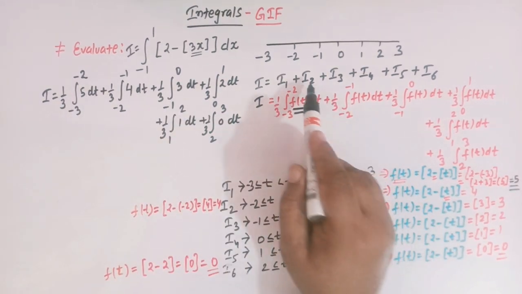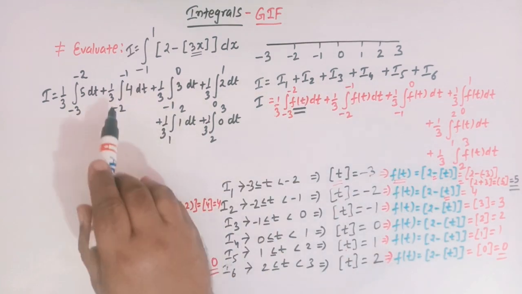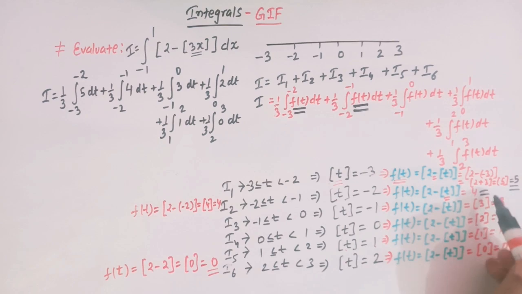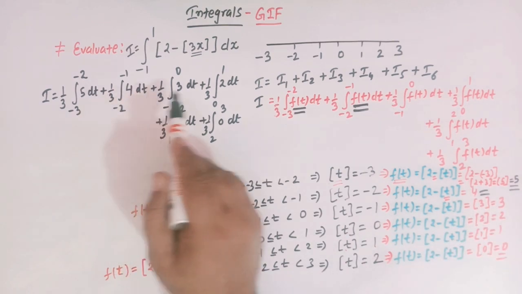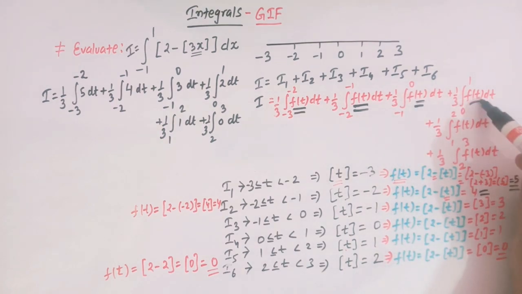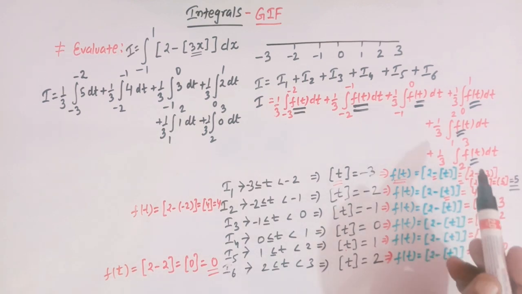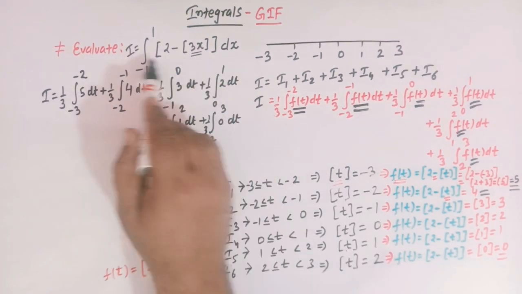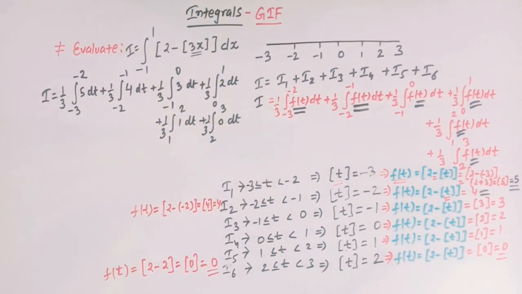Similarly I2 is from -2 to -1, with f(t) equal to 4, so 4 dt, and then similarly we have 3, then 2, then 1, and then 0. So after substituting the values of f(t), we have this expression.